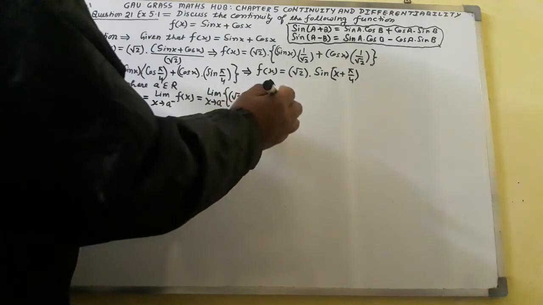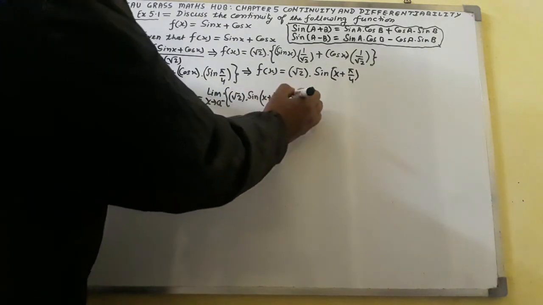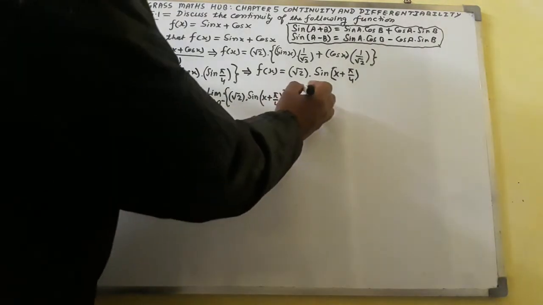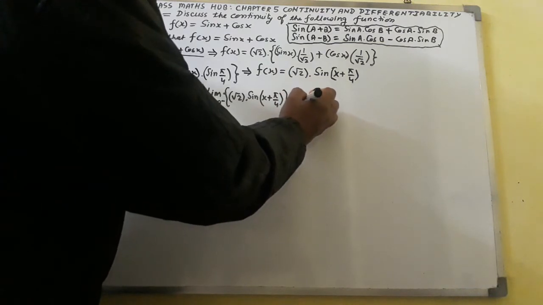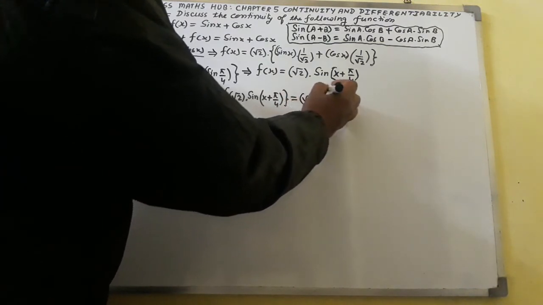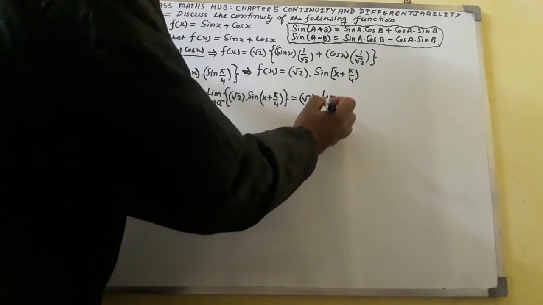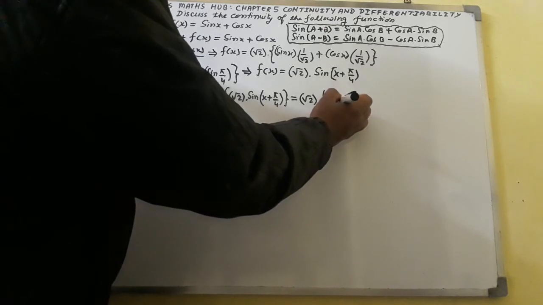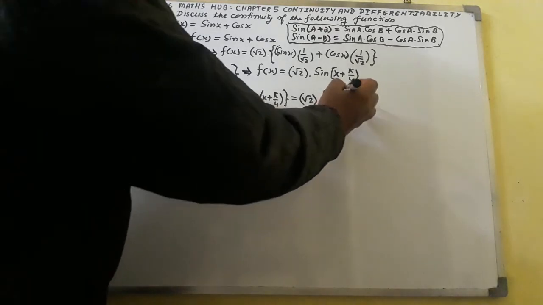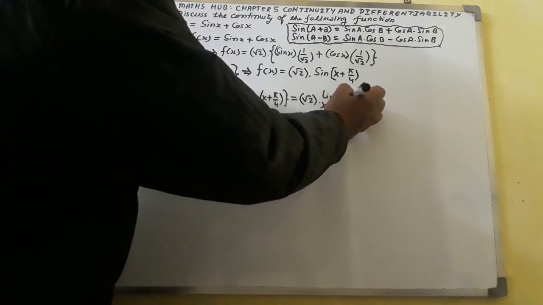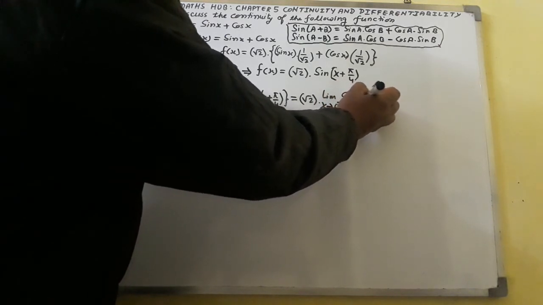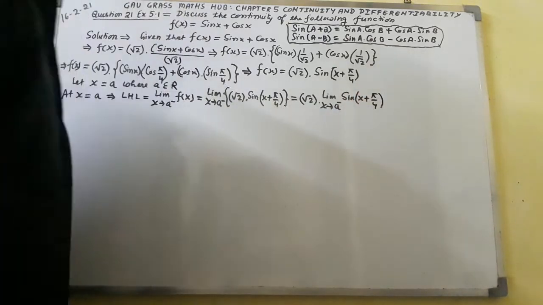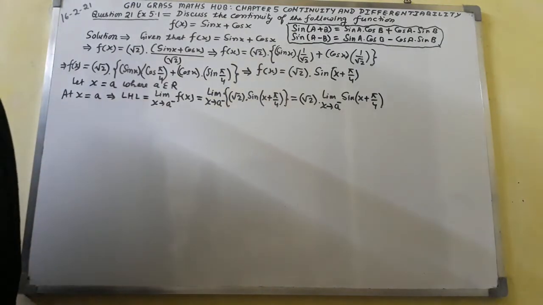So here it can become equal to, put here under root 2 outside. So we will get here under root 2 dot lim x tends a of negative sin in bracket x plus pi by 4 comes out to be.